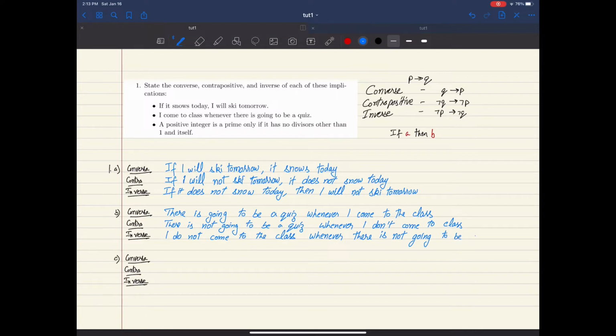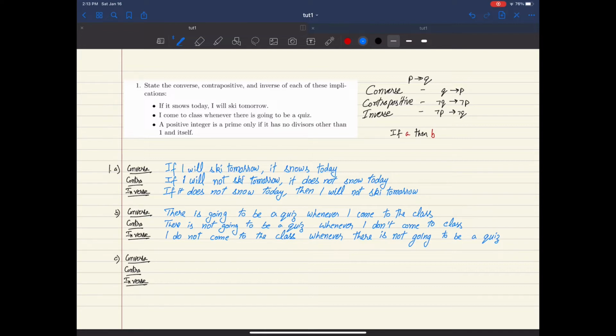For the third part, now this might get a little bit confusing for you guys. It says: a positive integer is a prime only if it has no divisors other than 1 and itself.